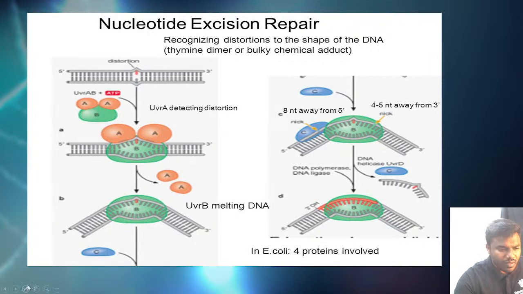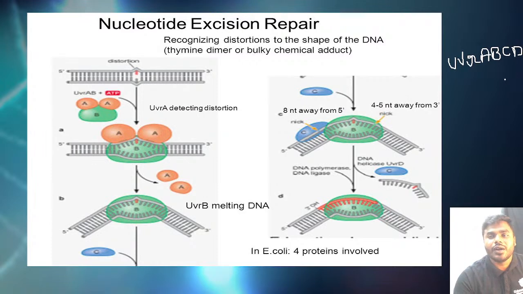First of all, everyone understand what the major enzymes involved in this particular nucleotide excision repair mechanism are. I want all of you to remember the enzymes UvrA, B, C, D. The word Uvr here represents ultraviolet rays derived. That's why we use the words UvrA, B, C, D. Kindly don't forget that.